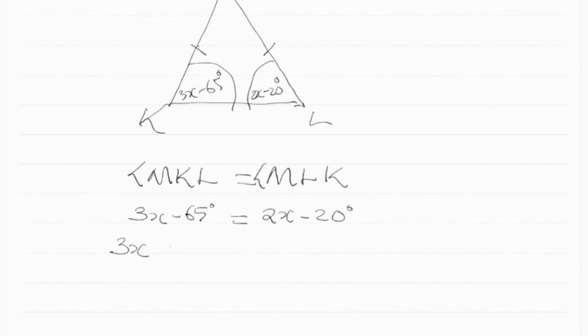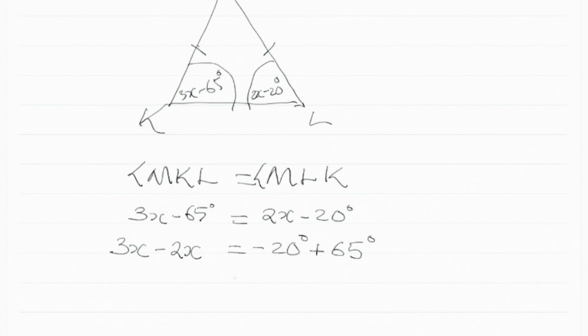All the x's should be on the same side and all the constants should be on the same side. Let's move. So if you've gotten your concept right, then we are going to have 3x minus 2x is equal to negative 20 degrees. Since we have negative 65 degrees, the additive inverse is positive 65 degrees.